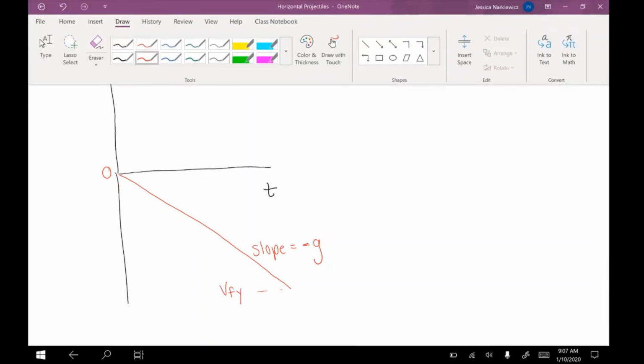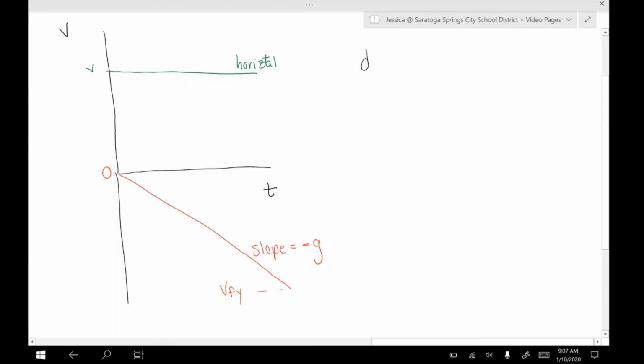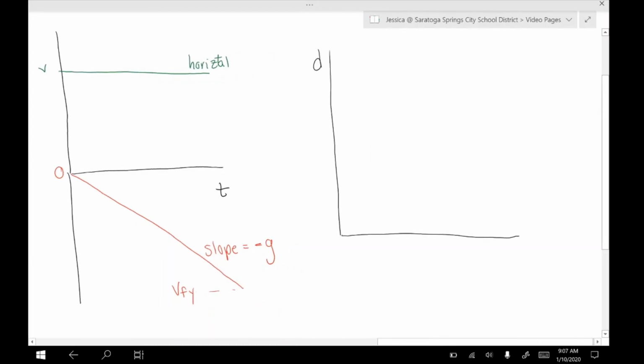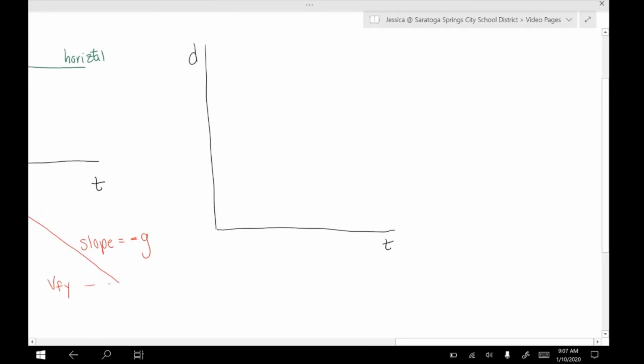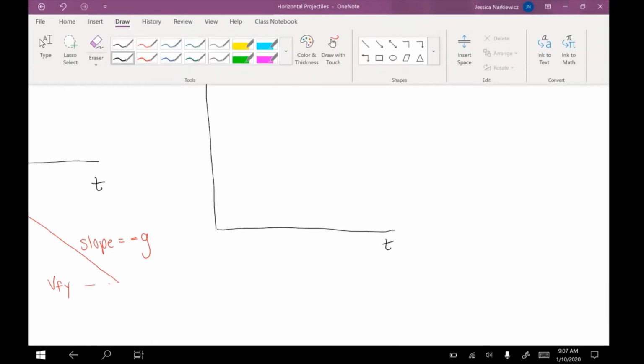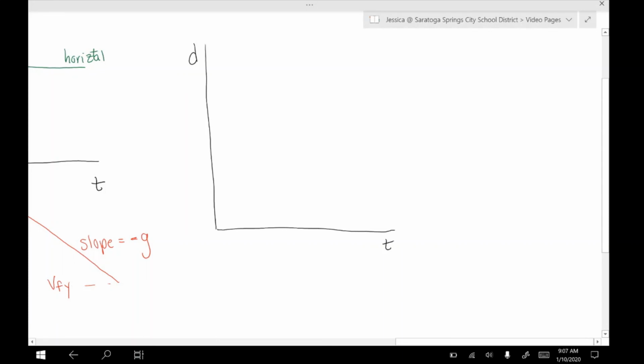As far as position versus time, or distance versus time. In the x direction, because we're moving at a constant velocity, the horizontal distance is going to increase at a constant rate.